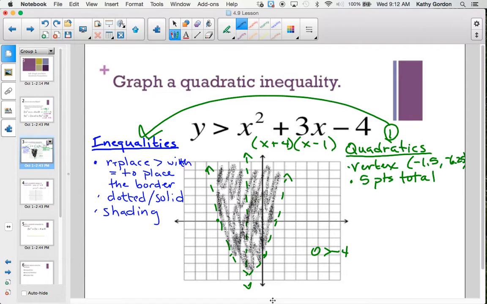And that really is the first step of the inequality, which is deciding where the parabola goes, where our boundary goes. Before you actually draw it, you decide, am I going to draw this as a dotted or a solid, just like I did with linears. And then once I draw it, decide which side is going to get shaded, the inside or the outside, based on a test point. All stuff we know how to do.